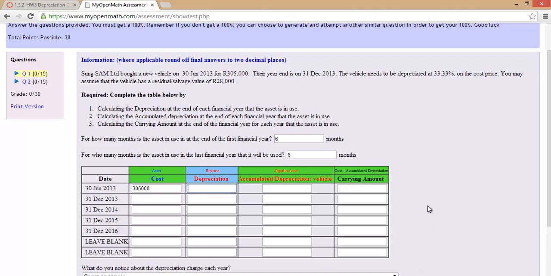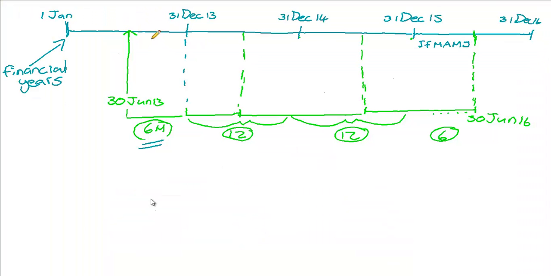However, on the 31st of December, this asset would have been used a little bit. So on the first day, no usage, so we can leave that blank. At the end of the first day, the accumulated usage is also going to be 0. And my carrying amount is simply going to be equal to the cost price. Then 6 months pass, and I'm now at 31st of December.